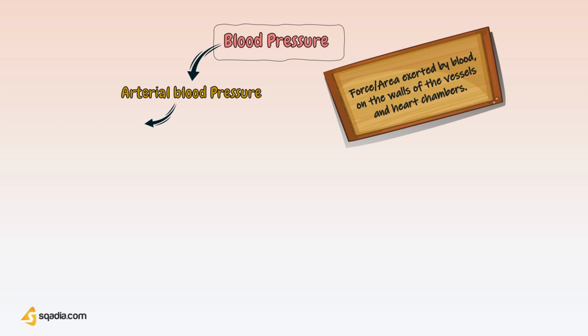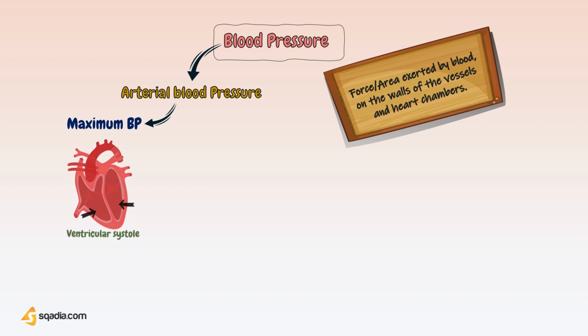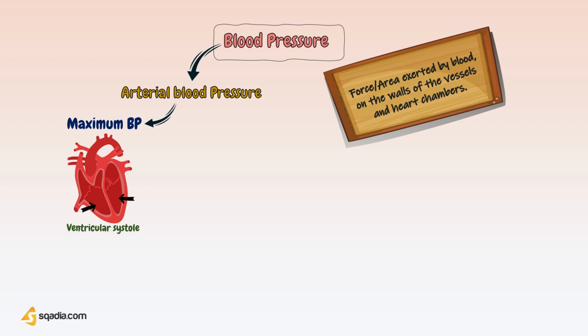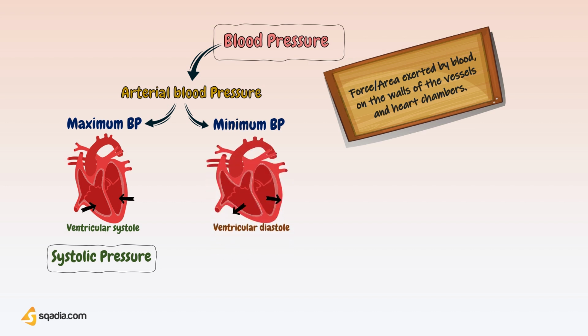Practically, this arterial blood pressure is pulsatile and is not constant during different phases of the cardiac cycle. This pressure reaches its maximum value during the ventricular systole, and thus it is called systolic pressure. And the arterial pressure is lowest during the diastole of the cardiac cycle when the heart is relaxed, and thus it is called diastolic pressure.